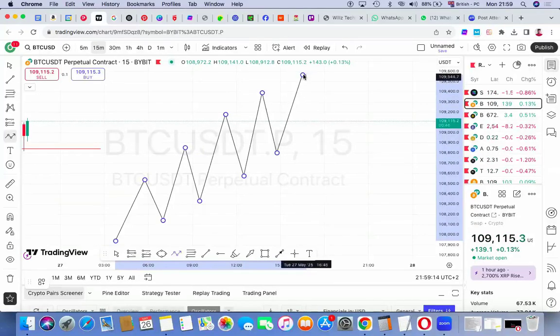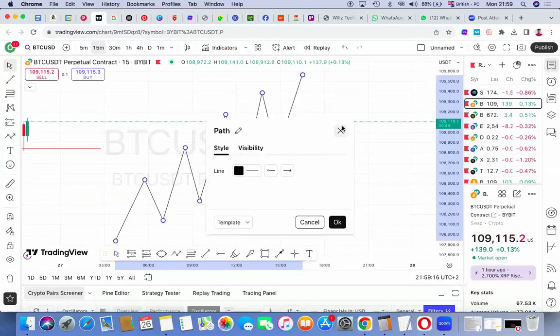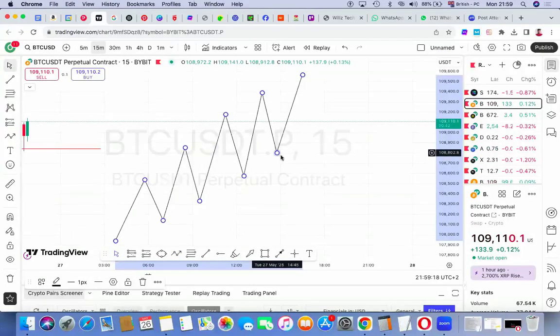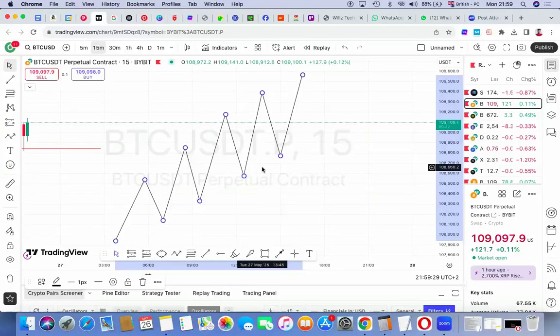So for you to understand your market structure, the market has to create newer highs and newer lows. Which means you have to break a structure before we can successfully say it's a structure. Before it can be a structure, the recent high has to be taken out.